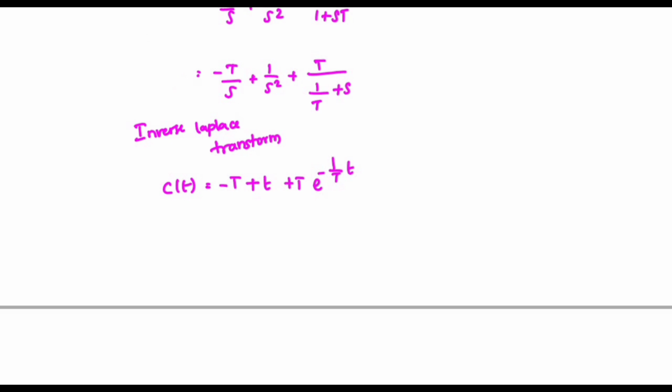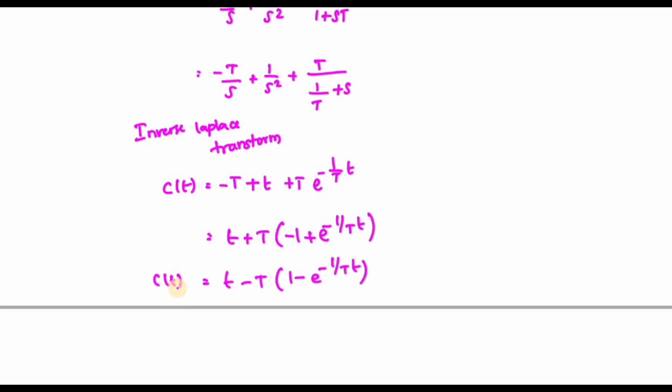The Laplace inverse of 1 divided by s square is t. So t plus T, if I take it outside, I will get minus 1 plus e power minus t divided by T. If I take minus T outside, this becomes T times (1 minus e power minus t divided by T). So this is my c(t).